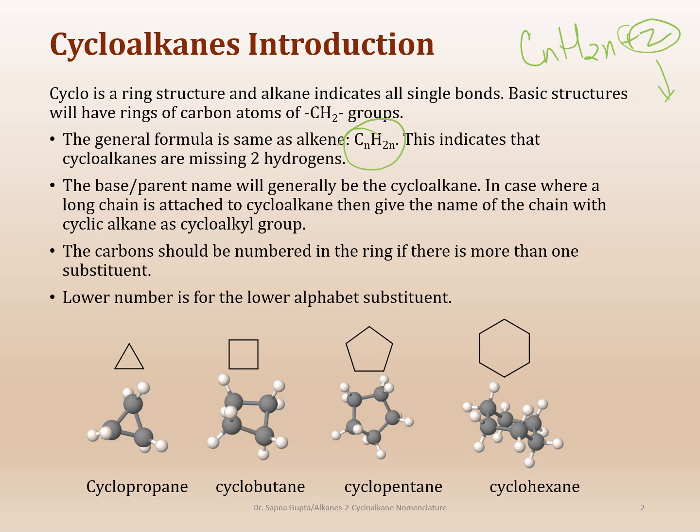Okay. The base name or the parent name of the compound is going to be the cycloalkane in general, because in some cases where there is a really long chain attached to the cycloalkane, then the long chain is the parent name. Now, that's generally the basis for deciding how you name something.